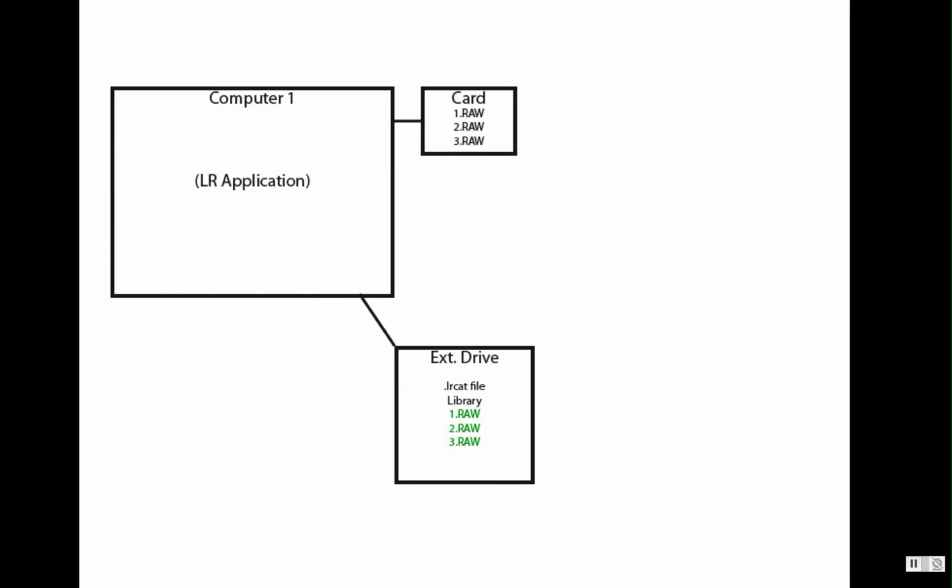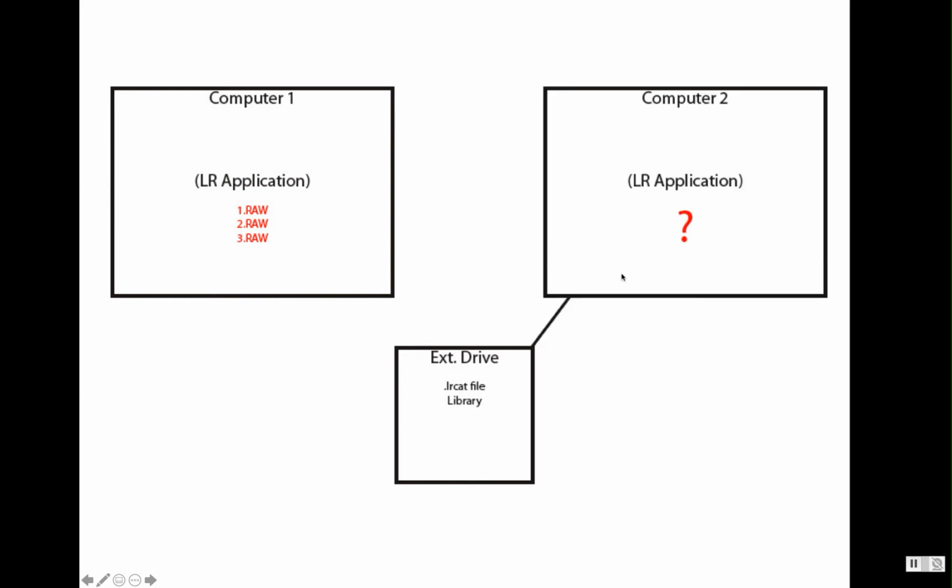But what we'd prefer to do is direct those files to be located on your external drive right in the same place as your LR-cat file, or at least in the same volume as your LR-cat file. And the reason is, if those images are remaining on the computer instead of your external drive, when you go to connect that external drive to a different computer, and this Lightroom application, this librarian, if you will, looks at the same catalog and says, there's a confusion here.